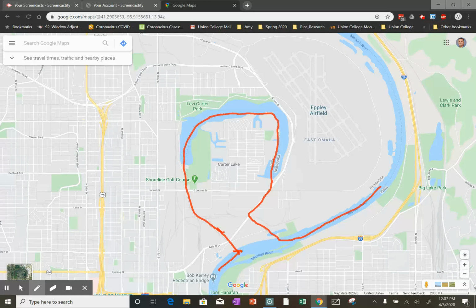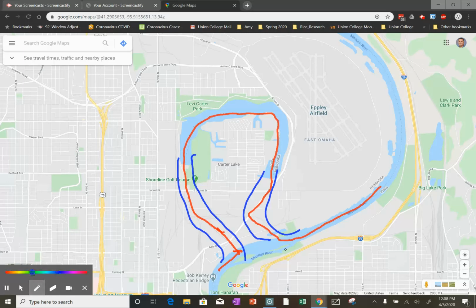Why does it do that? It does that because the river used to go like this. But when you had a flood, the flood caused it to flow rapidly.